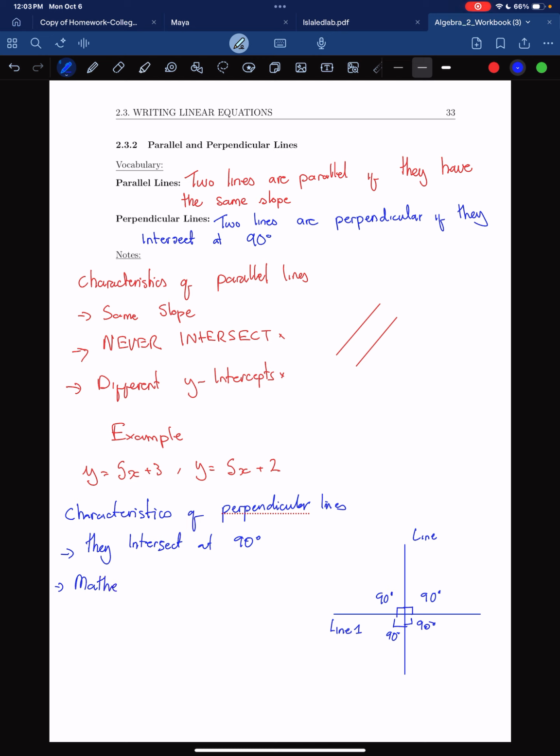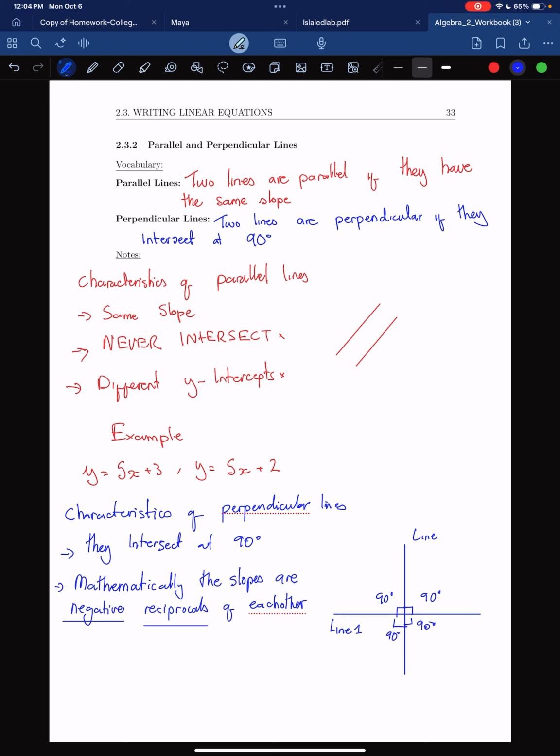All right? So, mathematically, the slopes are negative reciprocals of each other. All right? They're negative reciprocals of each other.